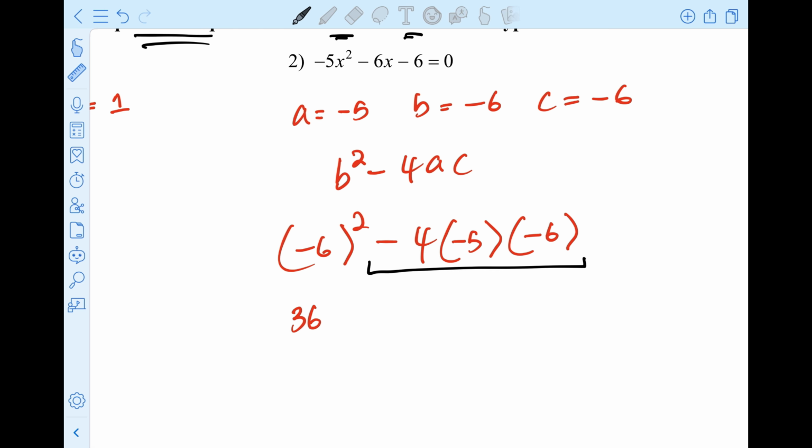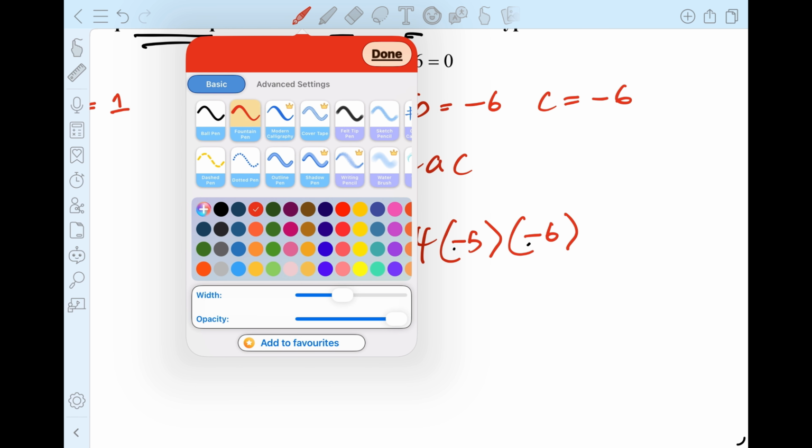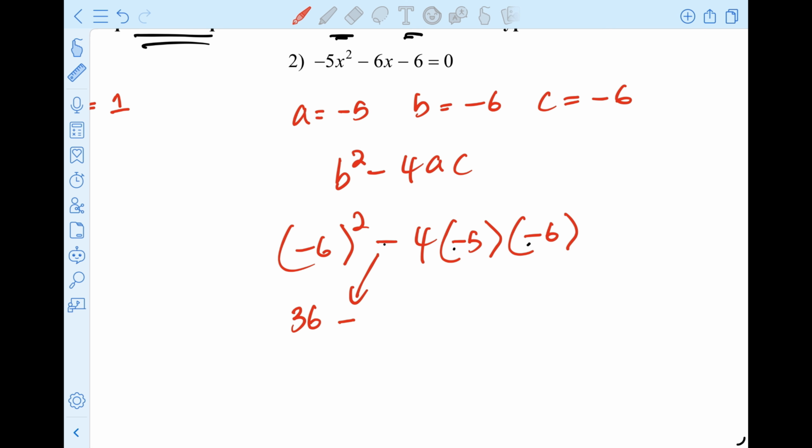Now, the key to it is that you can do this part here a few ways. This tends to throw some people off. The way I see it is if I have three negative signs, then I'll end up with one negative sign because two negative signs cancel each other out. That's one way to look at it. Another way is to leave this negative sign, carry it down, and multiply 4 times negative 5 times negative 6.